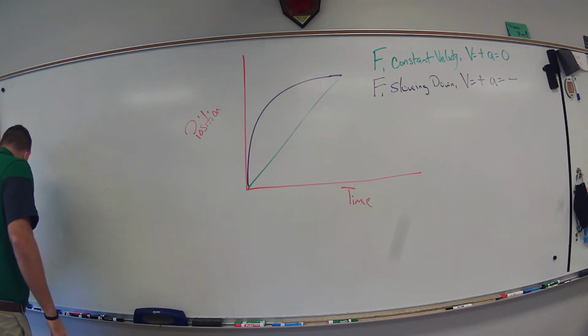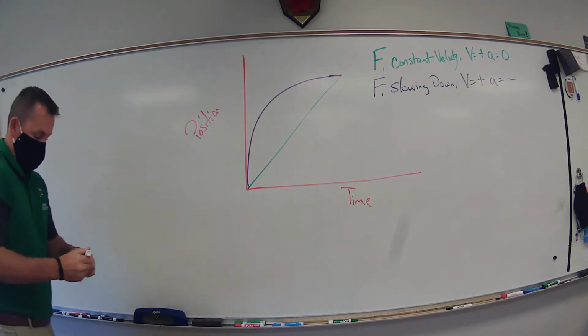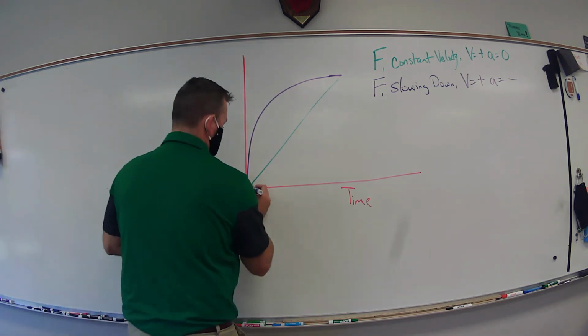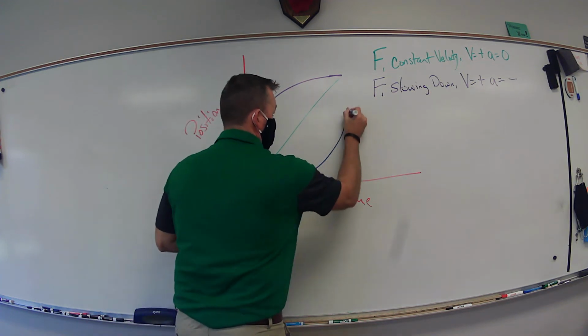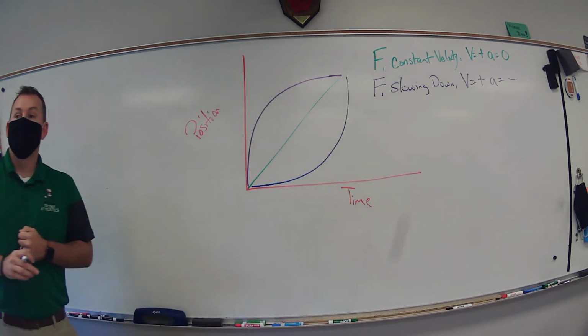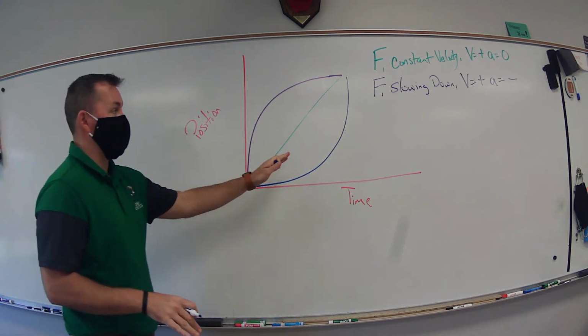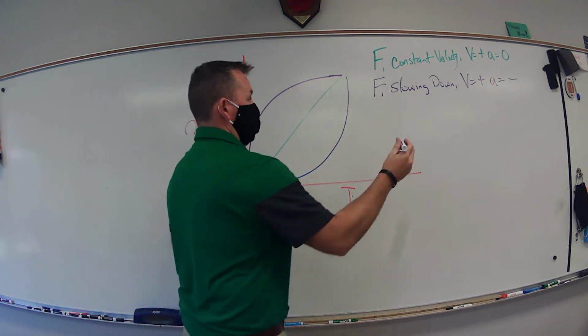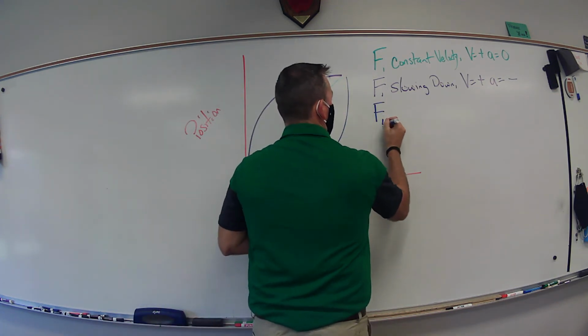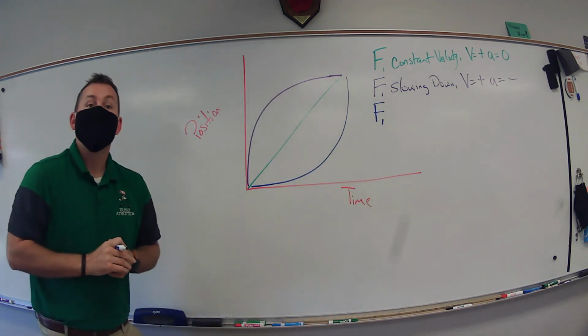Let's do another one. Let's go with this blue right here. All right, so I have blue. What about this one? Is it speeding up or is it slowing down? First of all, is it going forwards or backwards? Forwards. Why? See how it's still increasing upwards, so it's going forwards. Now, is it speeding up or slowing down? Speeding up. Good.